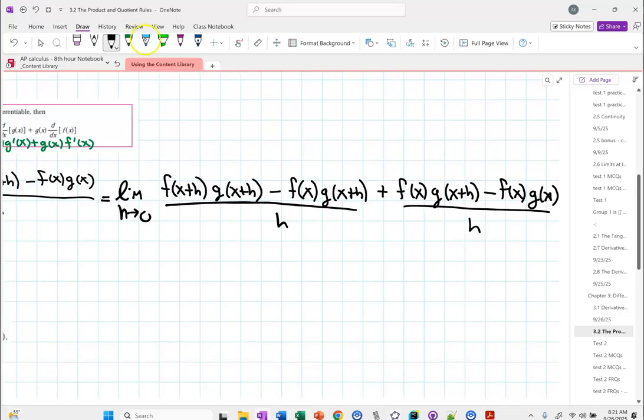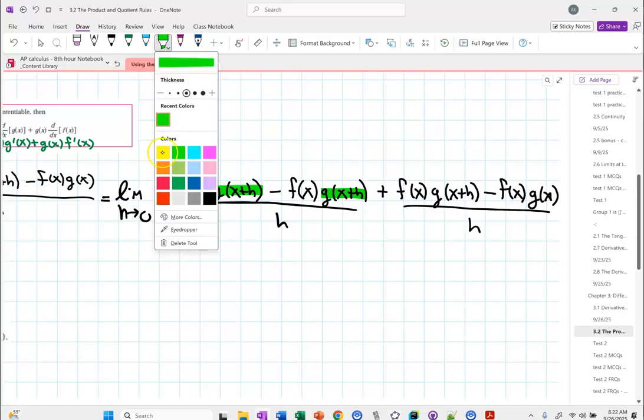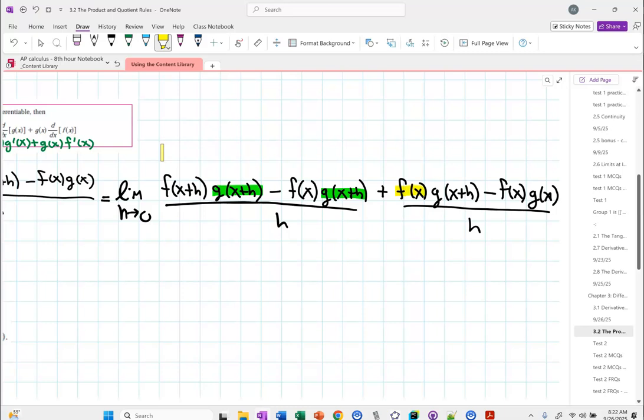So if I look at the two things that I've grouped, notice that I have a g of x plus h in common with each term over here, and I have an f of x in common with each term over there. Ready to notice? Guess what I'm going to do with those?